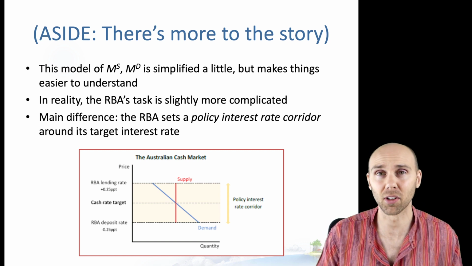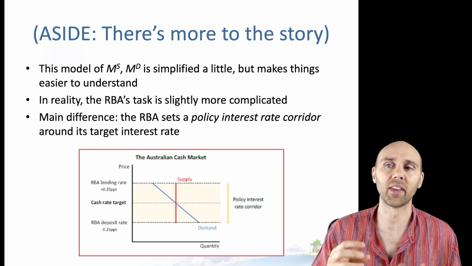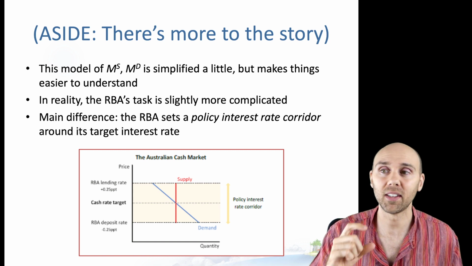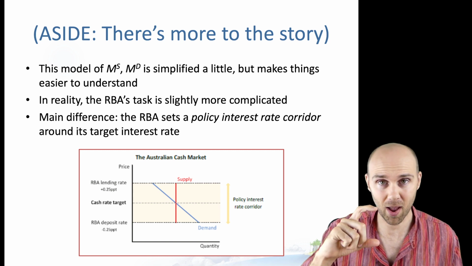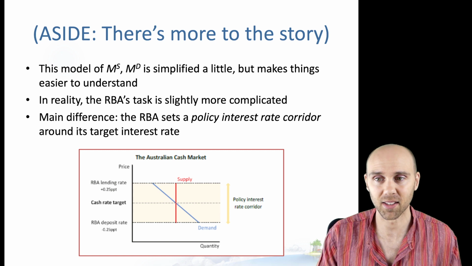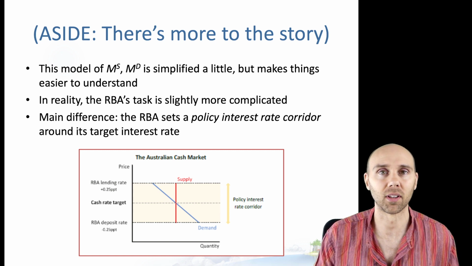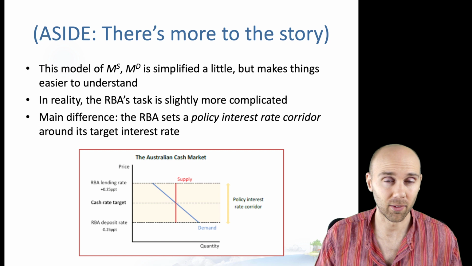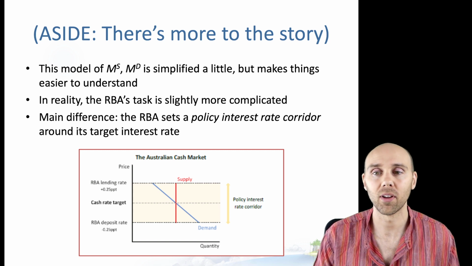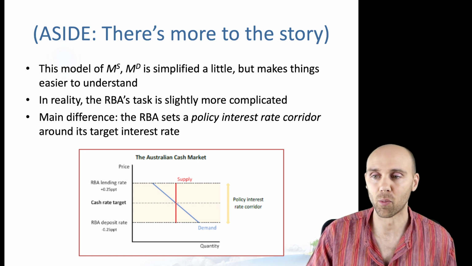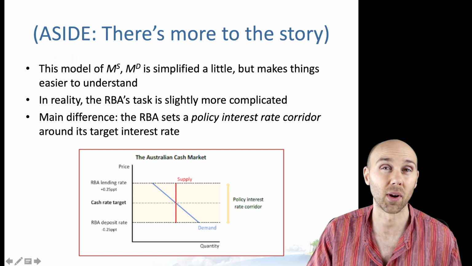The main difference has got to do with this channel system, in that the RBA sets what it calls a policy interest rate corridor around its target interest rate, where it has a lending rate that's usually 0.25% above, and a deposit rate 0.25% below whatever its target cash rate is, which sets this policy interest rate corridor.